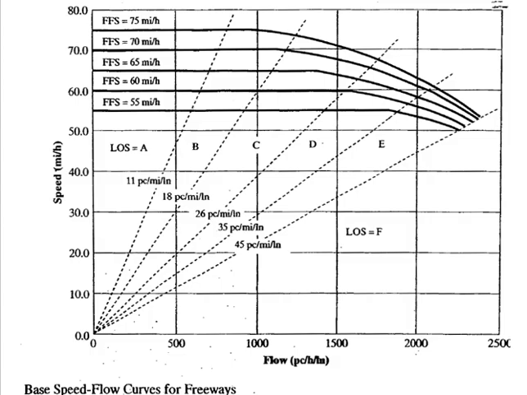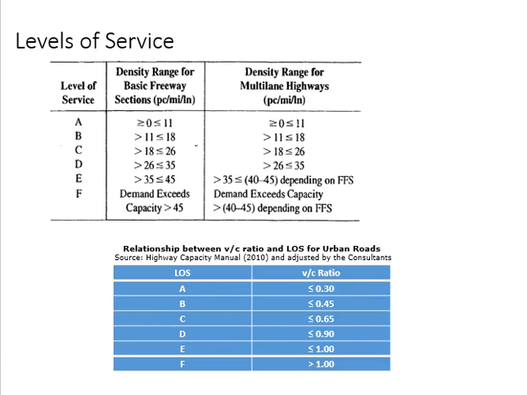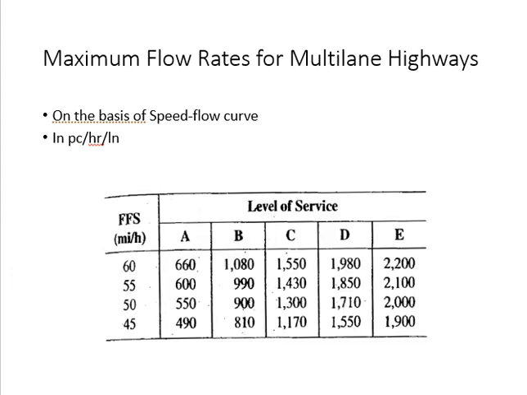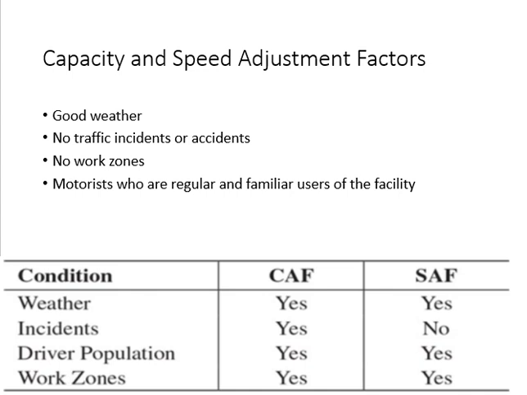Some curves are plotted for freeways and multilane highways, with the values for density and volume-to-capacity ratio for each level of service. For the given curve, the maximum flow rates for each level of service are given in the form of a table. They are marked on the graph as well.